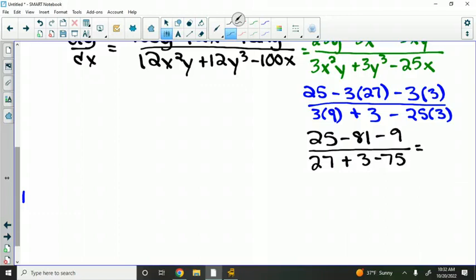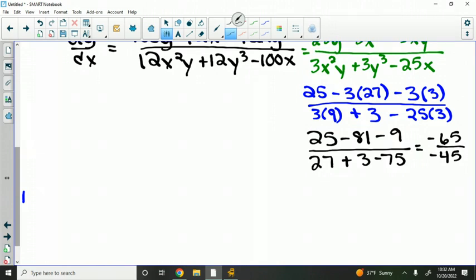Okay, now if we think about this, 81 and 9 are going to give us negative 90. 25 minus 90. What do we think about that number? And then we have 30 minus 75.